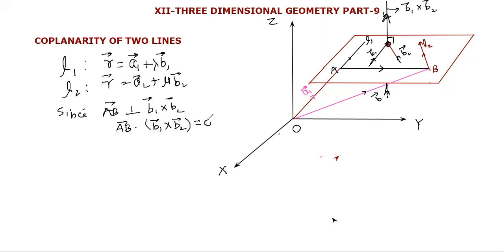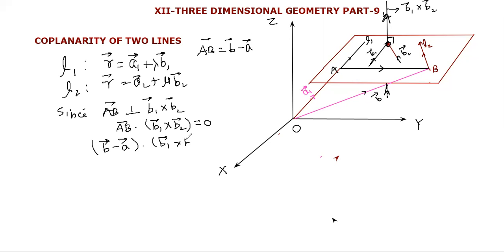And from the triangle law, you know that AB is equal to position vector of B minus position vector of A. That means AB will be equal to B minus A, that we have seen already. So B minus A dot B1 cross B2.